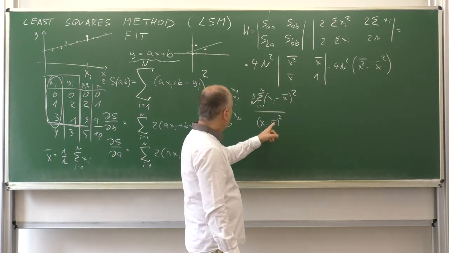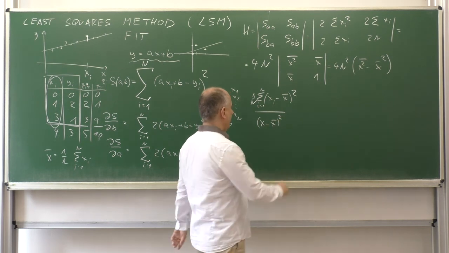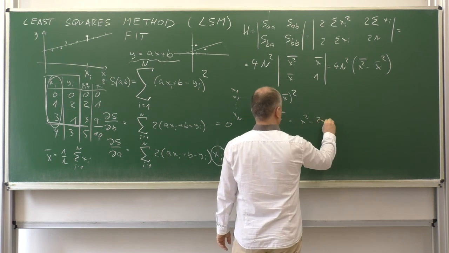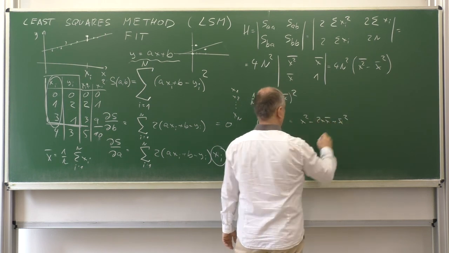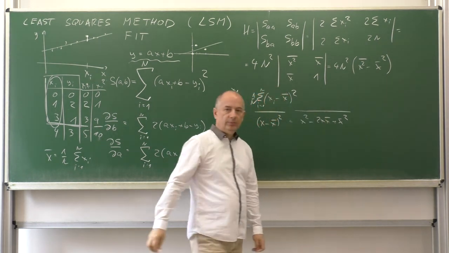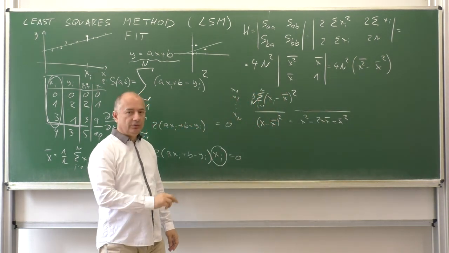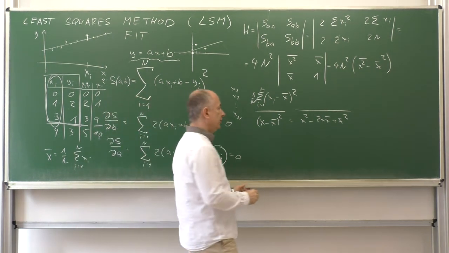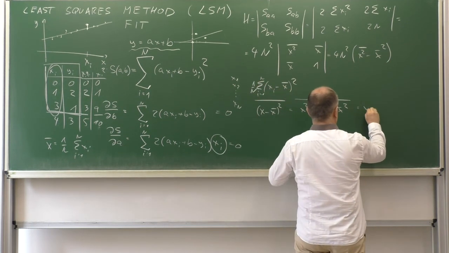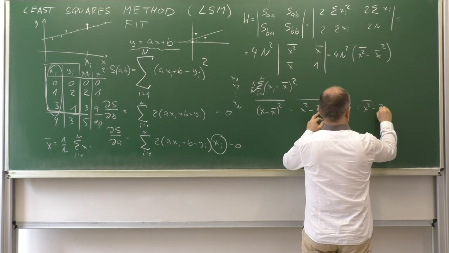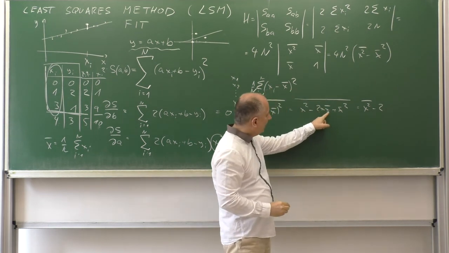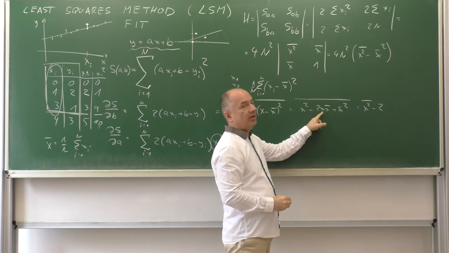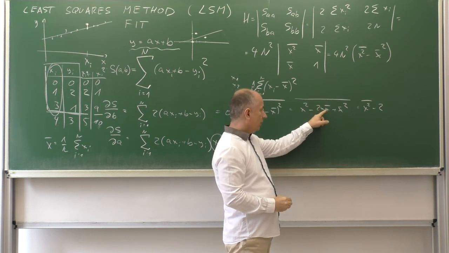But if we perform this square, then we have x squared minus 2 x x bar plus x bar squared, and the average of this. But the average of a sum is the sum of averages, so we can write x squared bar minus 2, and x bar is a constant, and the average of a constant times x is the constant times the average of x.